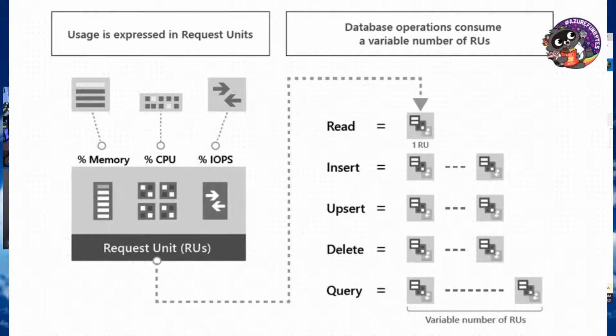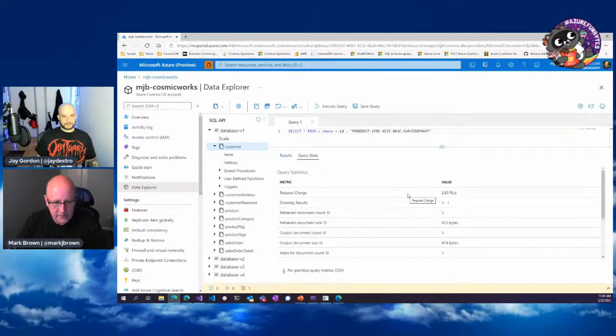Yeah. So here's the thing: RUs provide kind of a common way to define different physical resources that you're using, right? Like when you provision a VM, you have to know how many cores am I getting, and how much IOPS can it produce or use, and all those other kind of physical measures. But we're a multi-tenant database service, so we don't talk about those things.